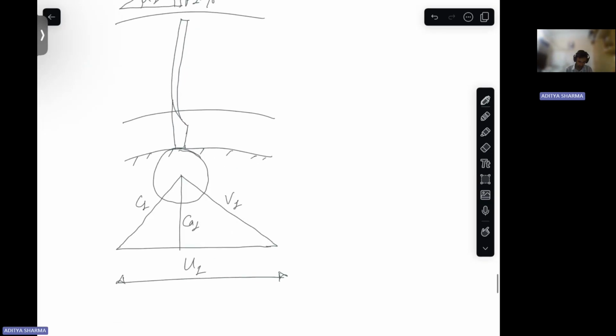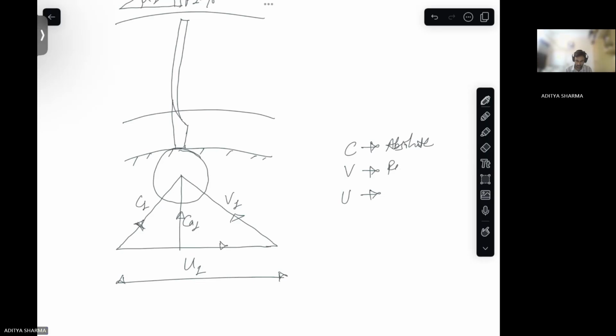First of all, these velocities, C, V, U. This is absolute.